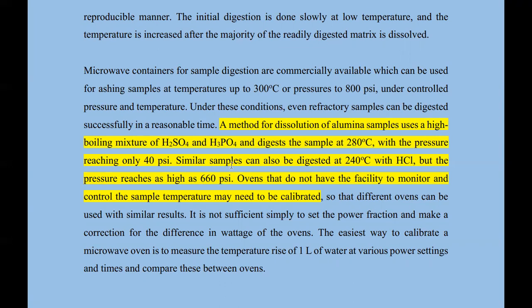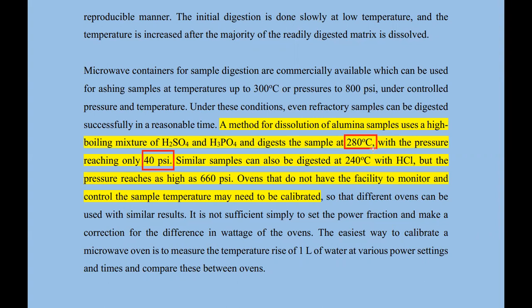But similar samples can also digest. Now look at the comparisons that are here. They're saying that alumina samples in the presence of sulfuric acid and phosphoric acid need the temperature to be a little bit high, and the pressure also a little bit high, 40 PSI, and the temperature 280 degrees centigrade. Now we're making the comparison here.